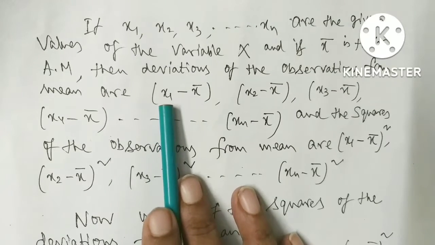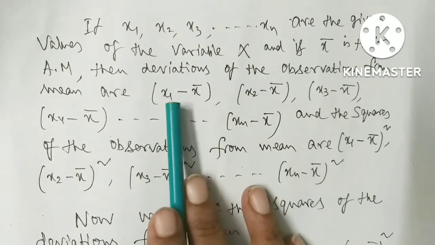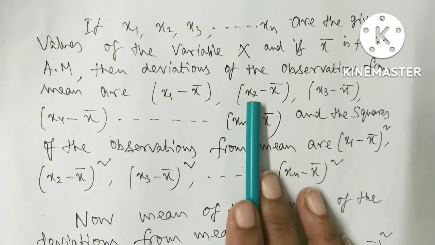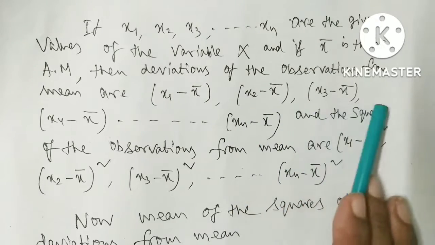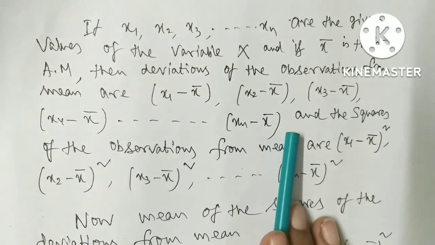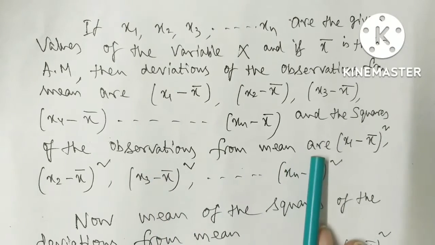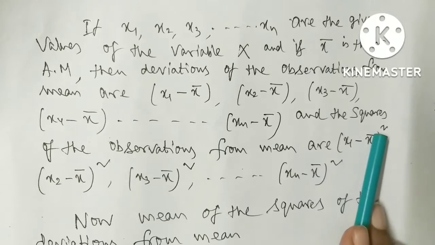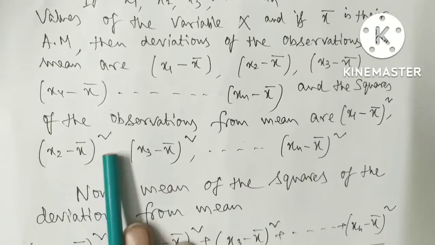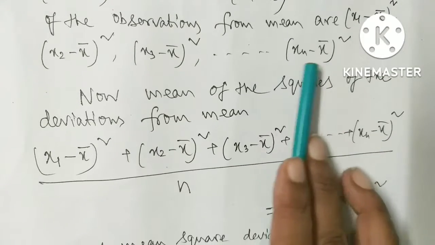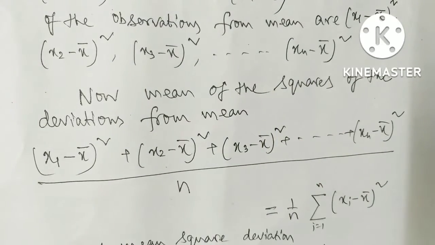X1 is a value, x bar is the mean, therefore the difference between the first value and the mean is x1 minus x bar. Similarly x2 minus x bar, x3 minus x bar, and so on, xn minus x bar. And the squares of the deviations from the mean are x1 minus x bar square, x2 minus x bar square, x3 minus x bar square, ..., xn minus x bar square. These are all the squared deviations.